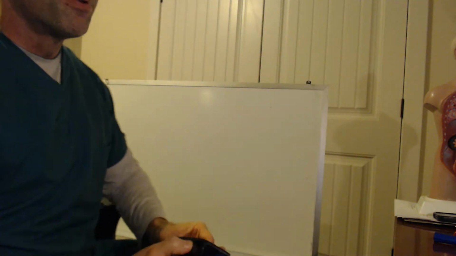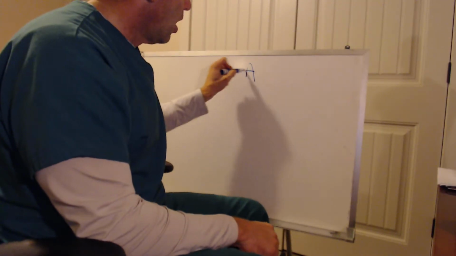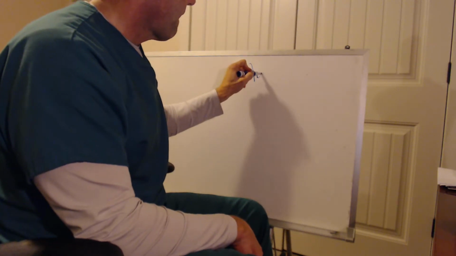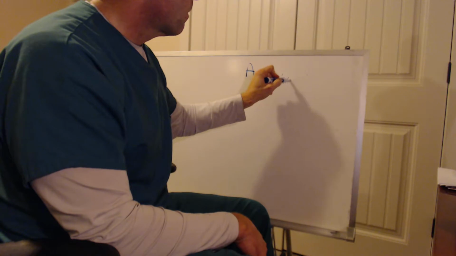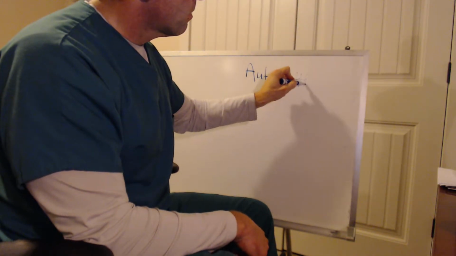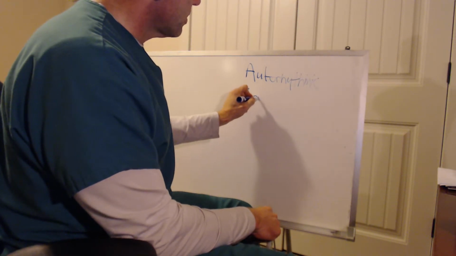Well, the heart is pretty amazing in that it actually has its own electrical system. And we say that the heart has two types of cells: autorhythmic cells and contractile cells.